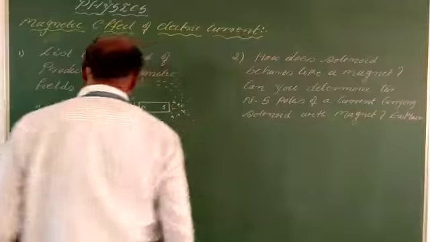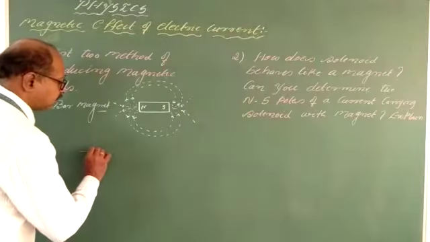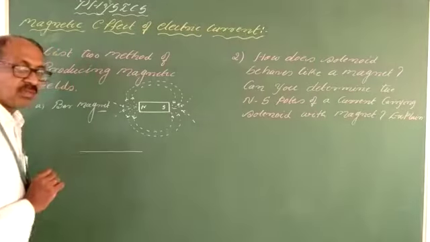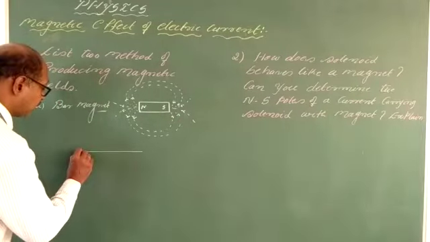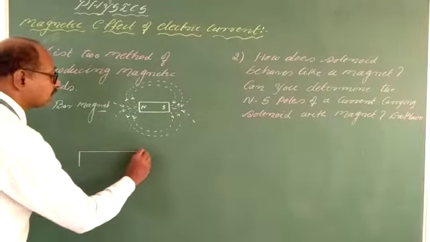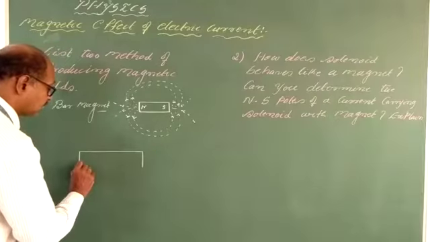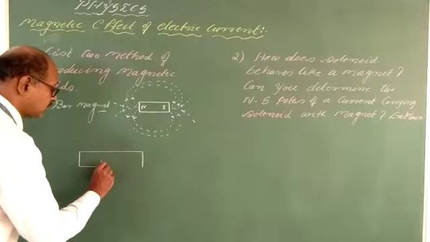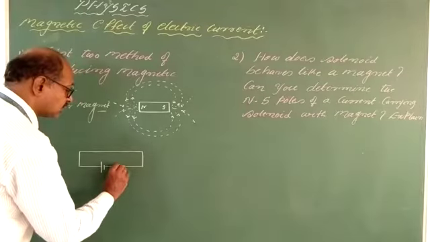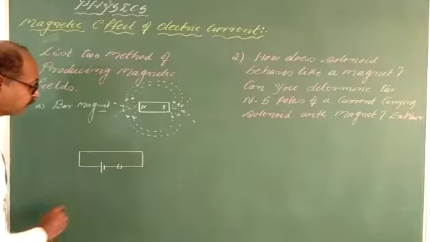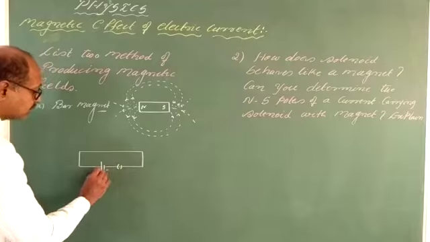Let us consider here is a wire. It is carrying a current, so there is a flow of current. Like this, this side is positive and this one is negative. This is the minus, this one is the plus.